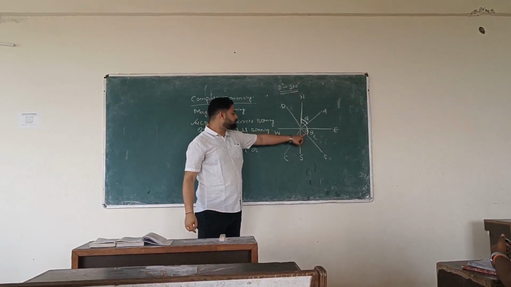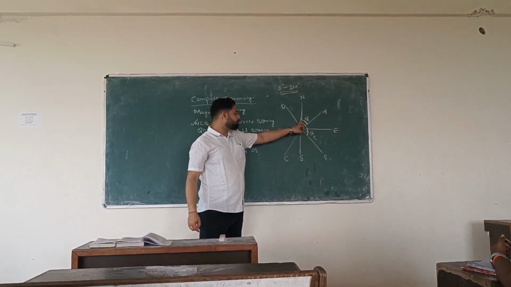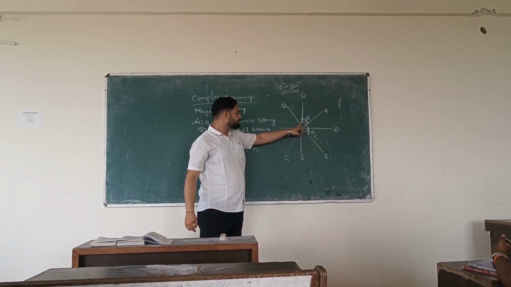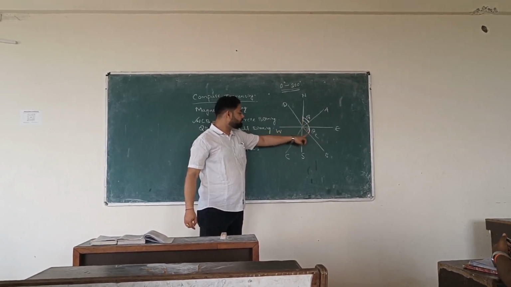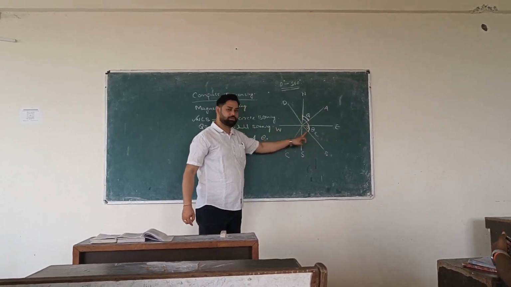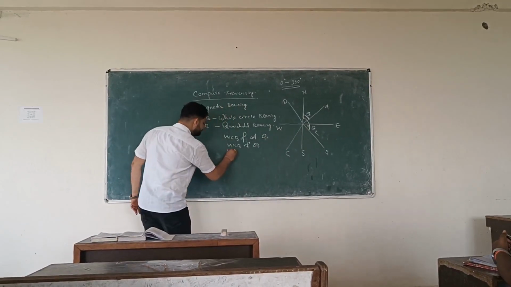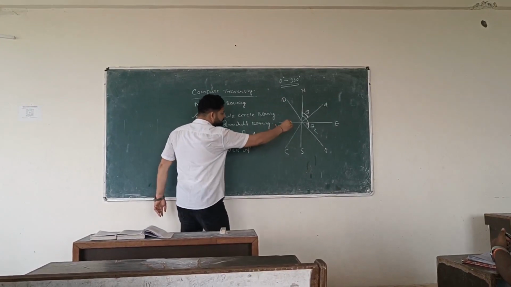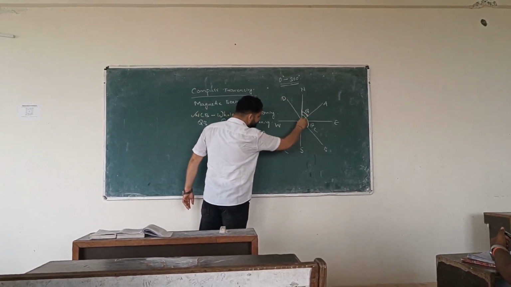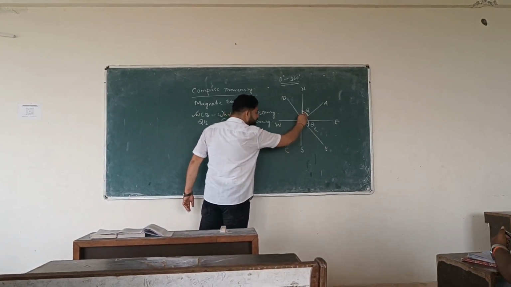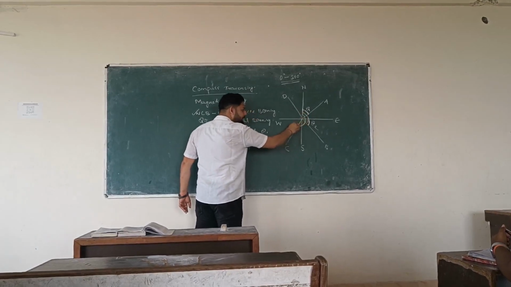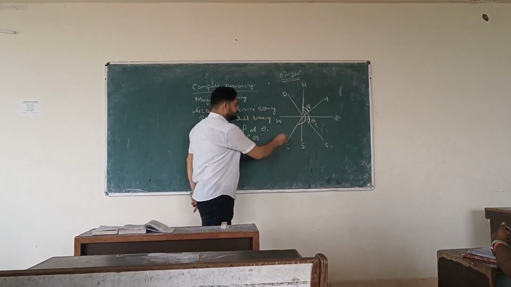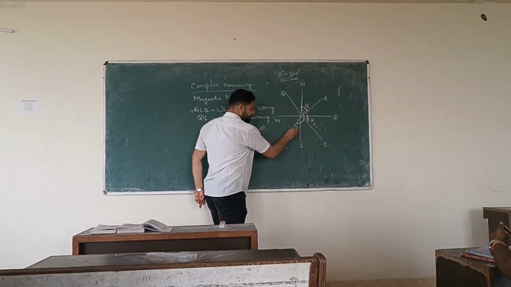This is theta 2. Then the WCB of OC also starts from north pole to the line OC, that is theta 3.